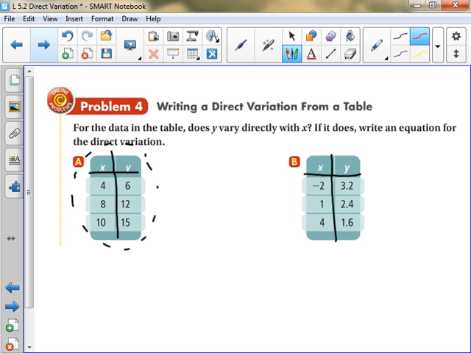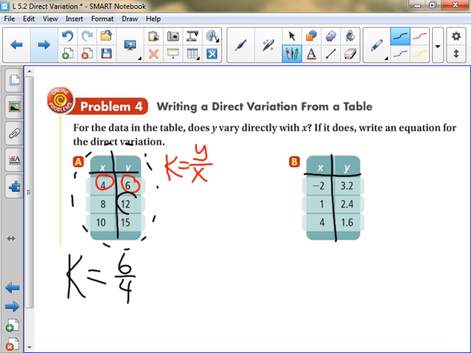We already said the direct variation, or the k, is equal to y over x. So your job is to look at the table and figure out whether this y over this x stays constant throughout the table. Your job is to write k equals y over x, which would be 6 over 4.